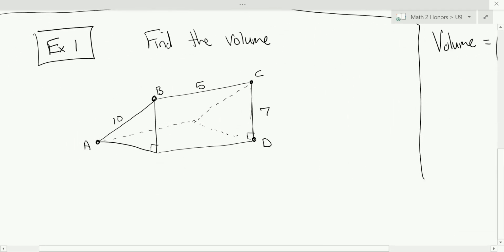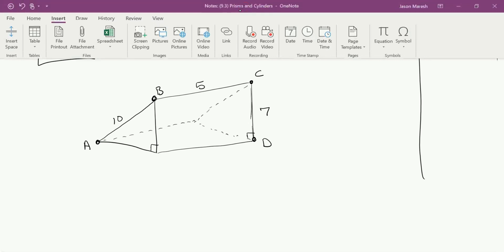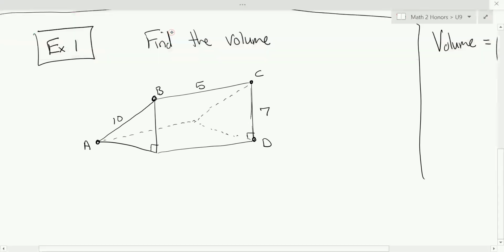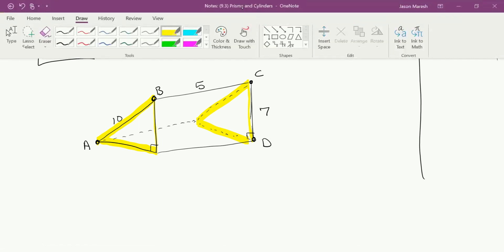So the base is the same top and bottom, right? That's one thing we want to know. So what shape is our base? Is it the triangle or is it the rectangle? Triangle. So here's our base, which is congruent to bottom and top are congruent. So that tells us that we can bring that 7 over.